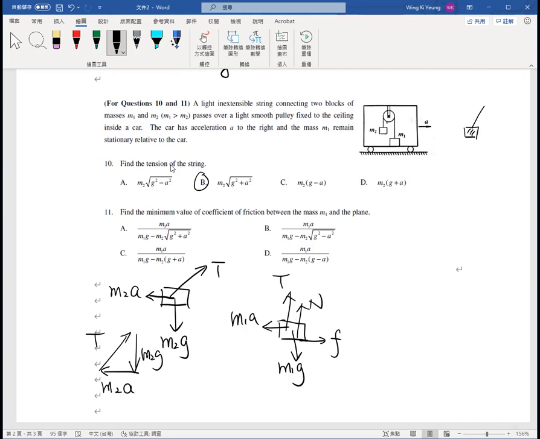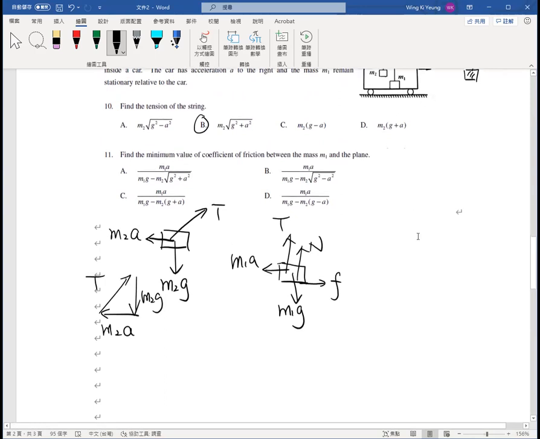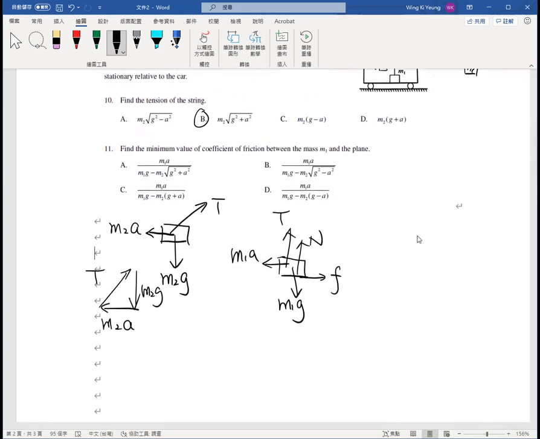Then for question 11, if you can solve that the tension is B, then I think you think that the answer will be A, is it? You just get the same form. And then to solve it, okay, the friction F is less than or equal to mu N. This question is much easier.